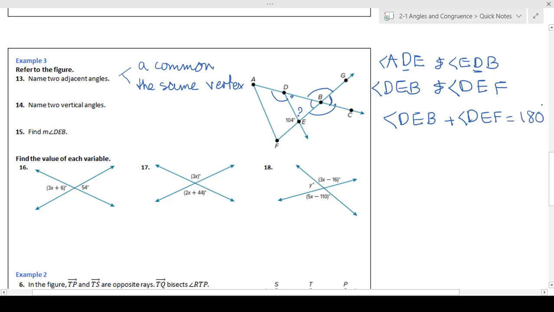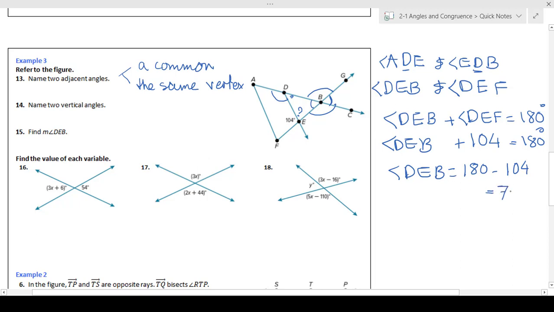They are a linear pair. One of them is known, which is DEF, 104, plus GEB equals 180 degrees. So angle GEB equals 180 minus 104, which is equal to 76 degrees.